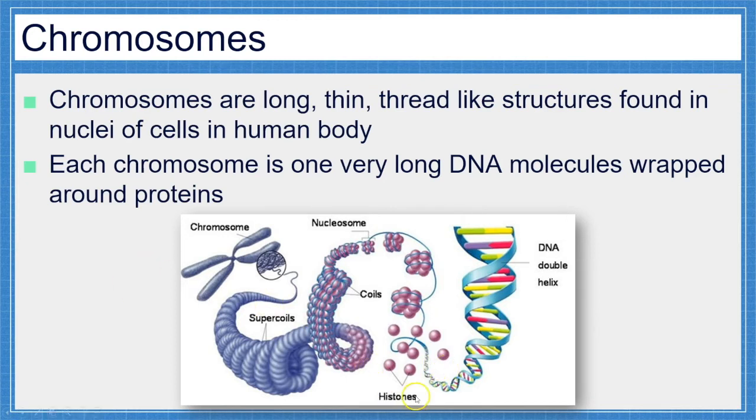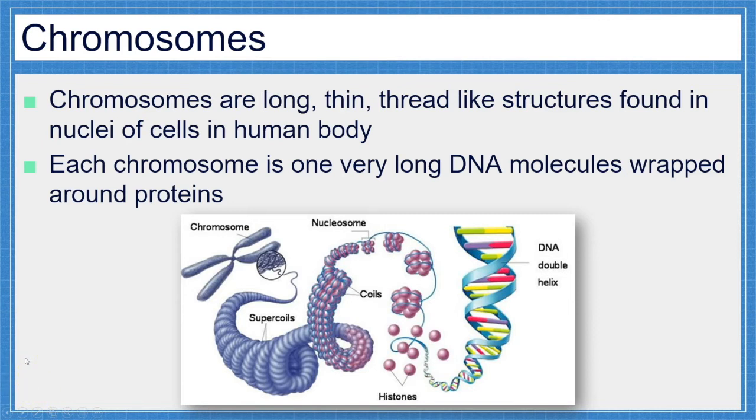And you can see here we've got some, they're called histones, and when you've got the DNA wrapped around histones, it forms something called a nucleosome, and then that coils up, and then that coils up into a supercoil. So it's like you coil something up into one set of loops, and then you take that set of loops and you turn it into another set of loops, and then you take that and you turn it into another set of loops, and you just keep winding it up smaller and smaller and tighter and tighter. And that's how we actually manage to package these chromosomes.